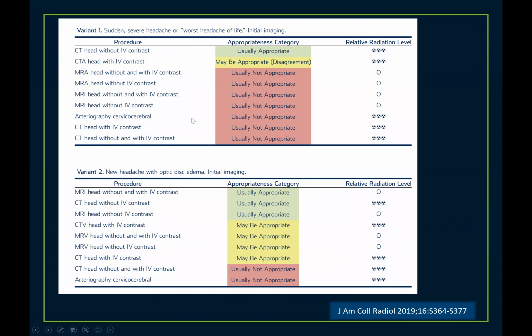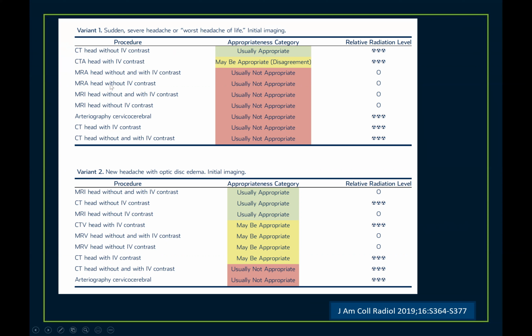For example, variant 1, sudden severe headache, or like worst headache of life, for initial imaging, a CT head without contrast is usually appropriate. If there is any finding on the CT or depending on the clinical scenario, a CT angiogram with contrast may be appropriate.